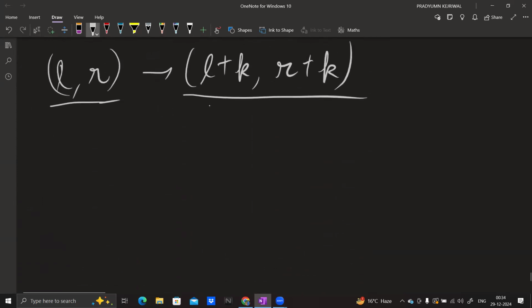So if we want to calculate the value of this from this, we need to know two things. We need to know the answer and we need to know the number of numbers.